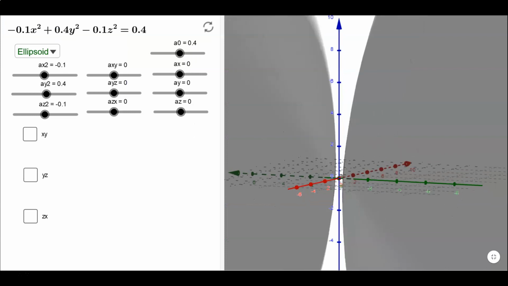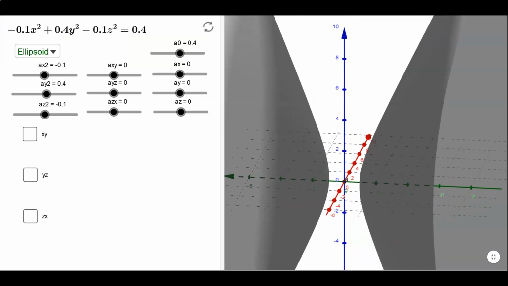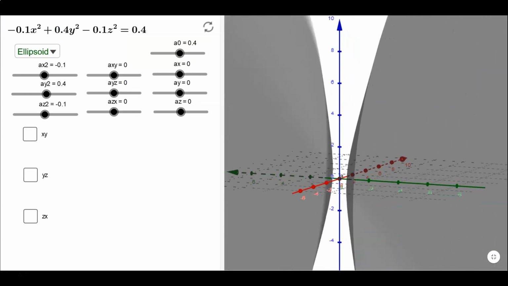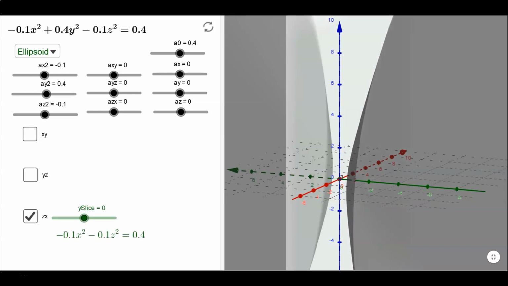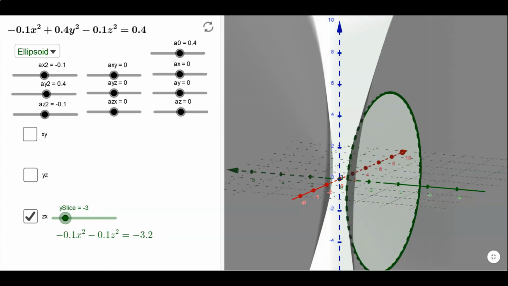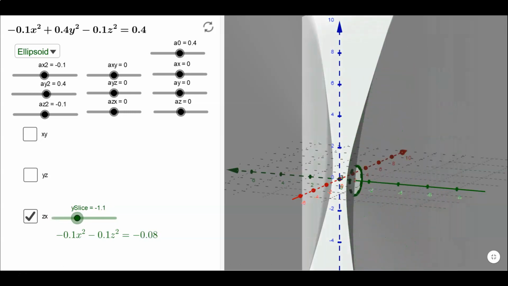All right, and here we have the same graph, and let's put in these elliptical traces. Notice when I'm between 1 and -1, I don't see anything there. Finally, when I get less than -1, you start to see those ellipses getting bigger and bigger.